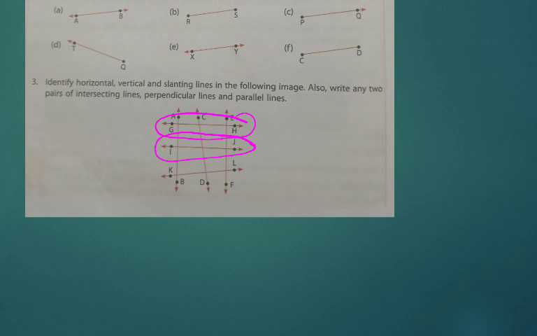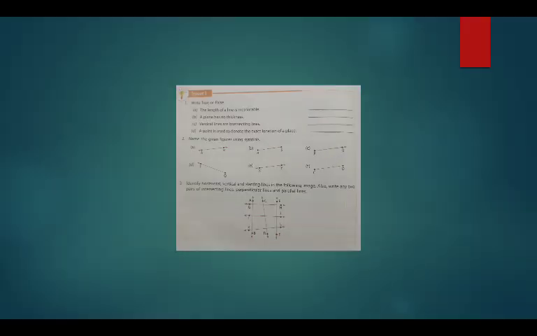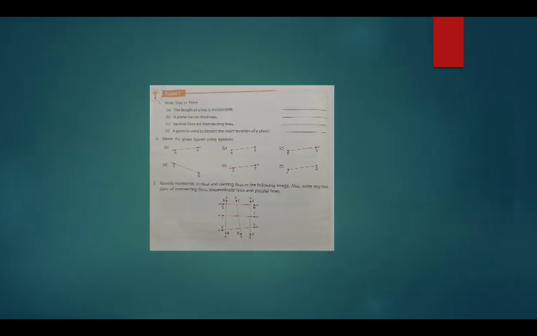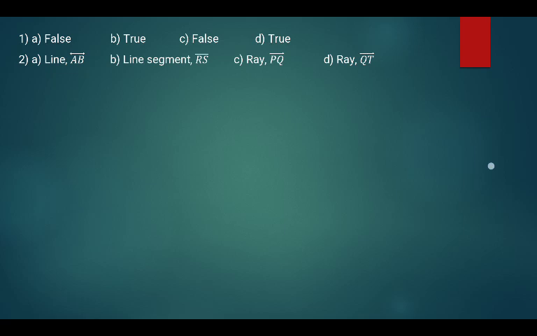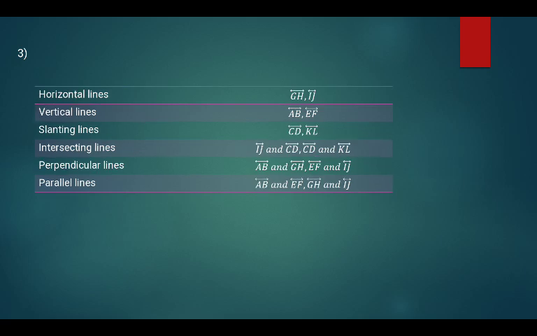So this pair is also parallel lines, right? So these are all the answers for 1, 2 and 3, right? The third answer is horizontal line, vertical line, slanting line, intersecting line, perpendicular line and parallel lines, right?